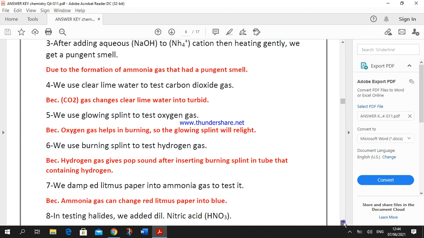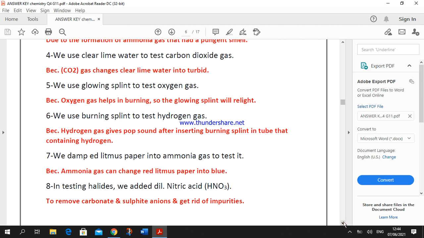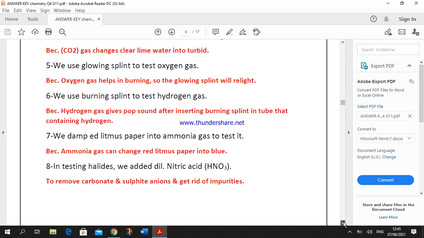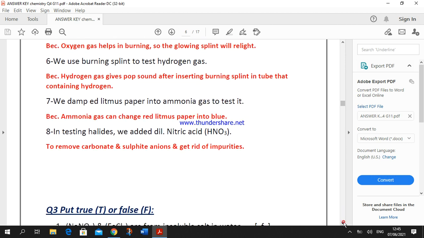We use a glowing splint to test oxygen because oxygen helps burning, so the glowing splint will relight. We use a burning splint to test hydrogen gas because it gives a pop sound when inserted in a test tube that contains hydrogen. We dip litmus paper into ammonia gas to test it because ammonia changes red litmus paper into blue.